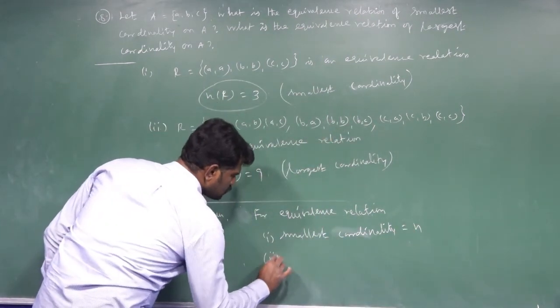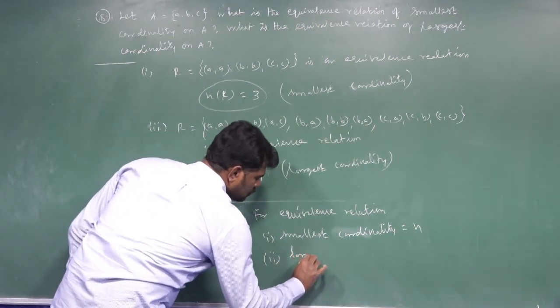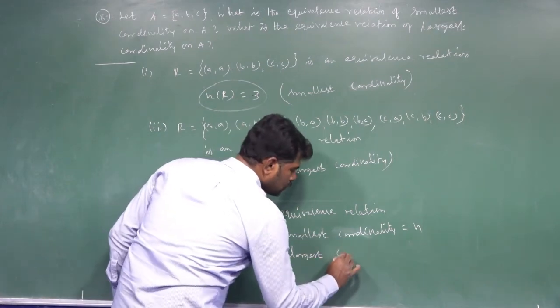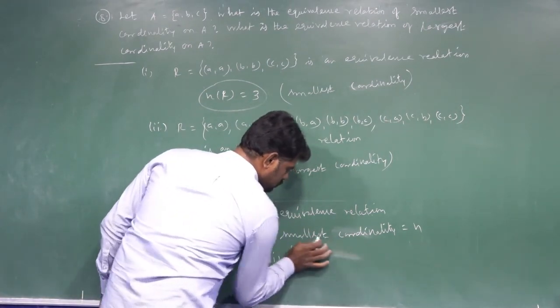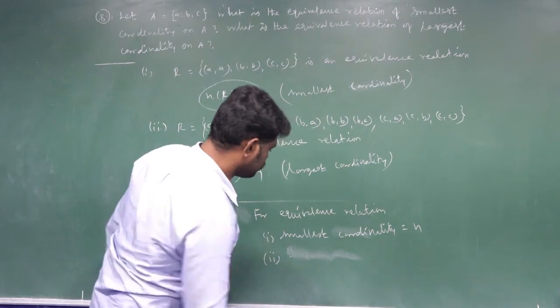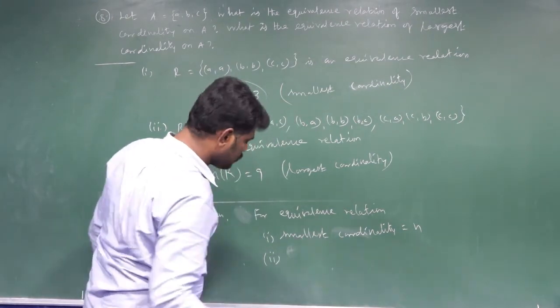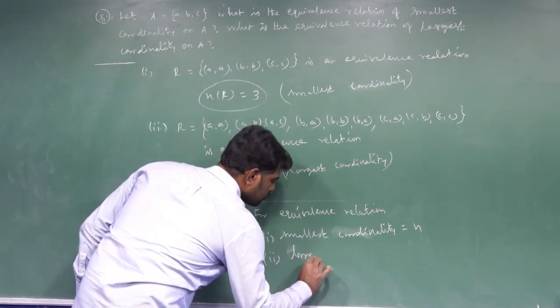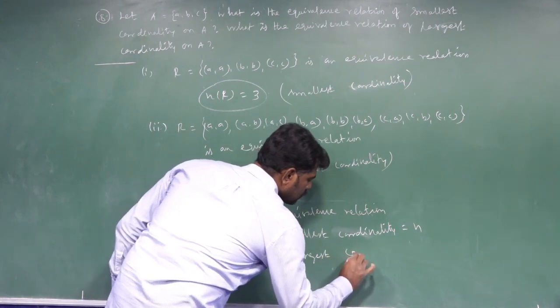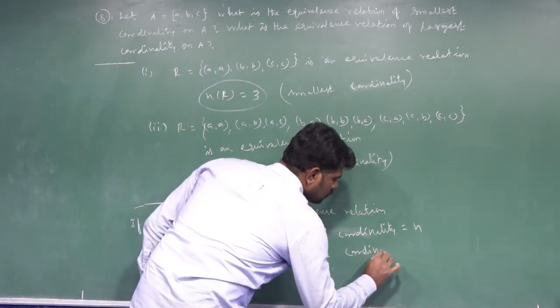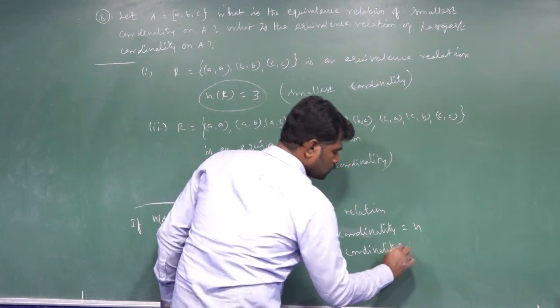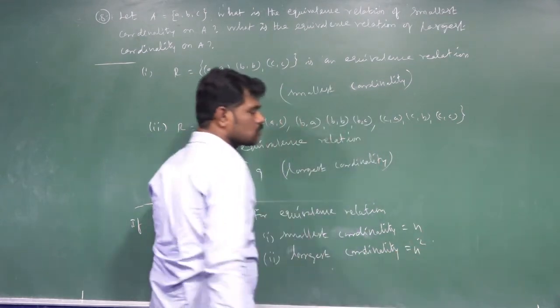The largest cardinality is equal to n squared.